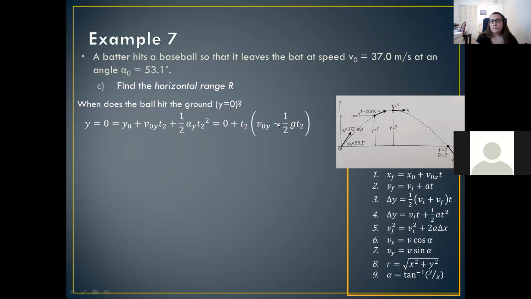Or if you remember from algebra how to recognize quadratic equations, you might be able to just look at it from this first perspective and use the quadratic equation to find the roots of this equation. The roots meaning what values of t make this equation true, make this part equal to 0.